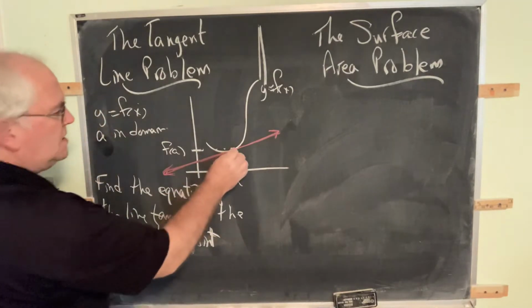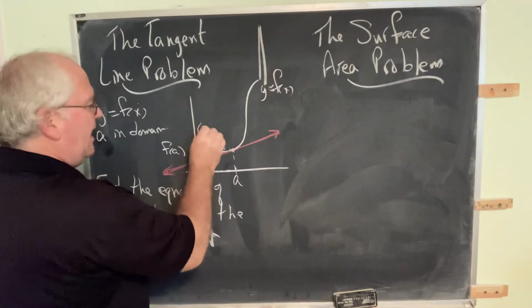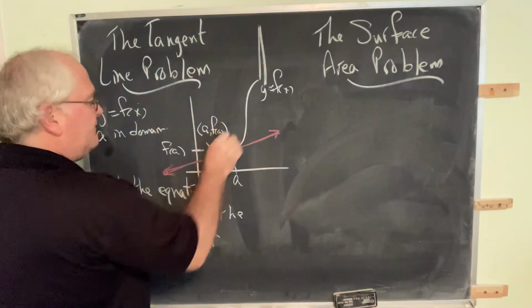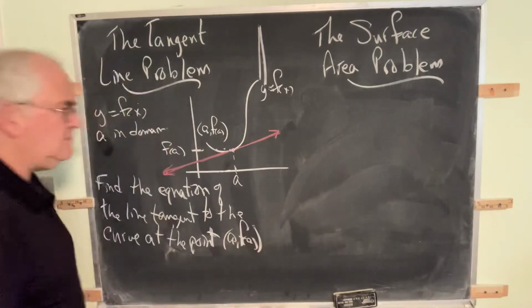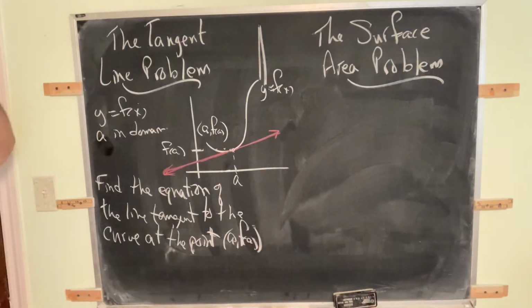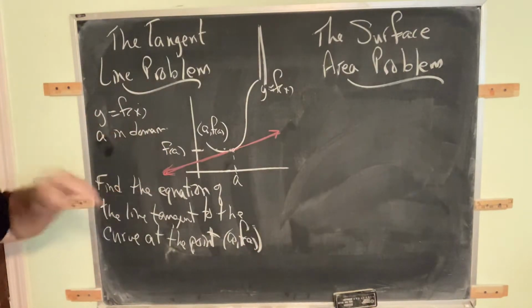What are the coordinates of that point? We know the coordinates of that point are a comma f of a. All right, that's the statement of the tangent line problem. More details in a moment.